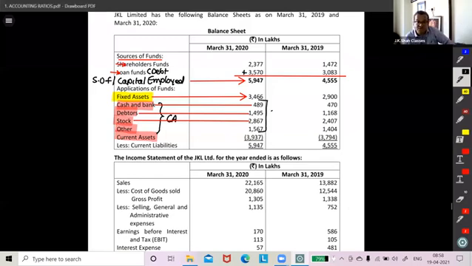Right? This is 6418 minus 3937, which gives you 2481, right? In this 2481, don't forget to add the fixed assets of 3466, and then you will get your final answer.